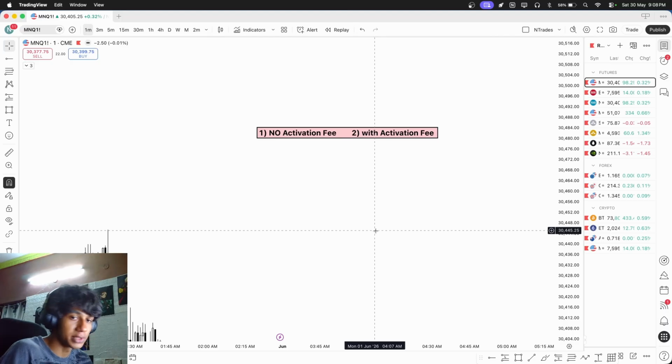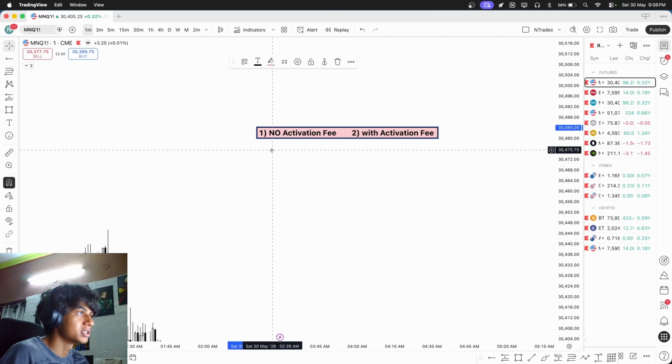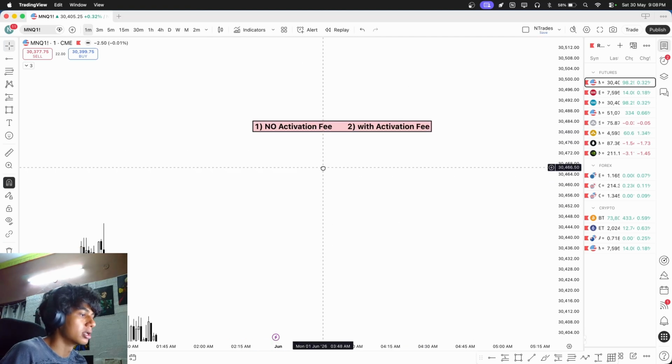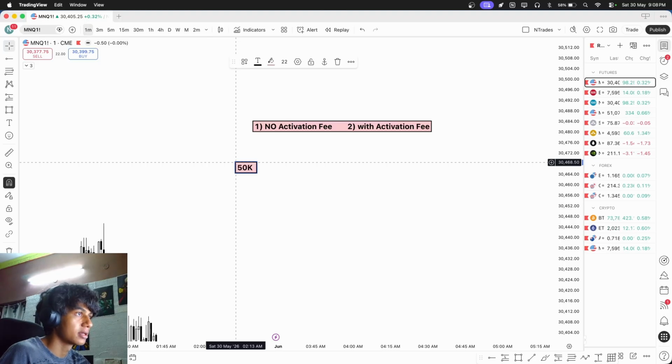But in futures, there's something called an activation fee. So basically, let's say आप एक eval खरीदे हो, you buy an eval of 50K, and for that to pass, you need to make either $2,500 या $3,000. So that is either 5 or 6%. And उसके बाद once you pass the account, you need to pay another fee so that you can get a funded account. So that is what an activation fee is.